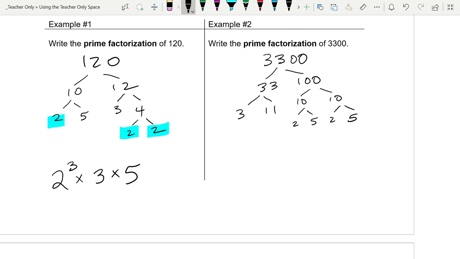Reason number 1, we always go smallest to biggest. Reason number 2, 10's not done yet, right? If your teacher had said in grade 5 to make a factor tree for this number and you'd stopped at the 10's, you'd be wrong, because the branches don't end until you hit primes. So 2 squared times 3 times 5 times 11. So there's the prime factorization.